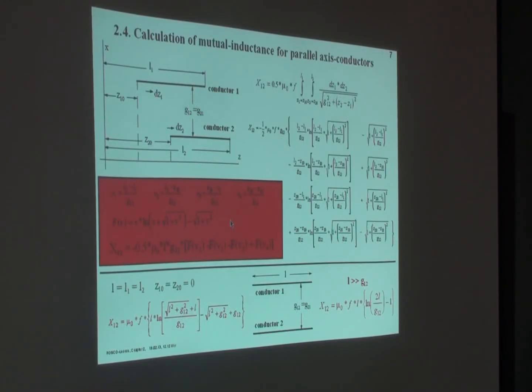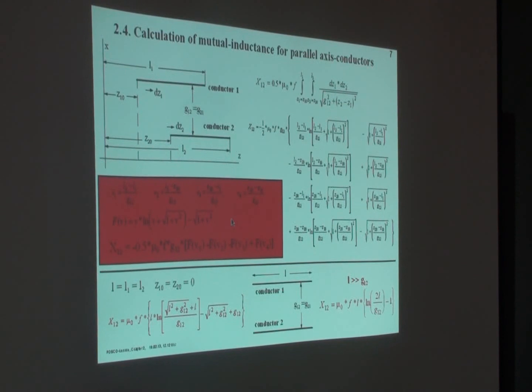And then I have to look what to do. We have to calculate 4 times the function. We have 2 divided by Z13.